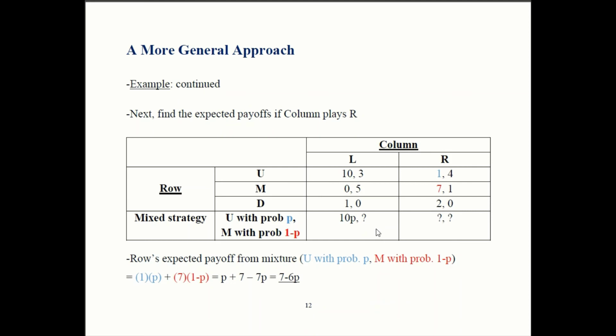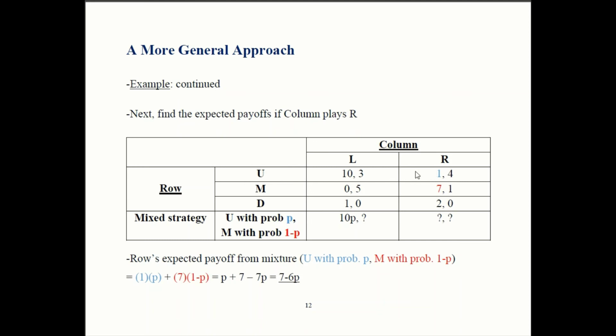The next part is to figure out our expected payoff from the mixture if column plays right. Our mixture means we play U with probability P. So with probability P, we're in this row.